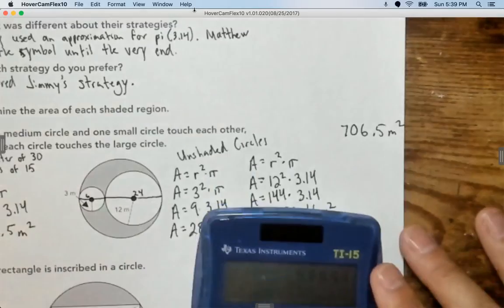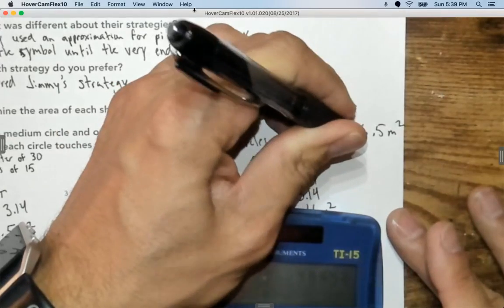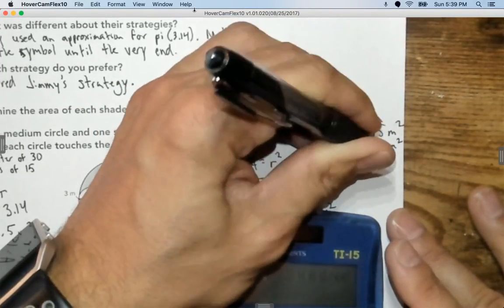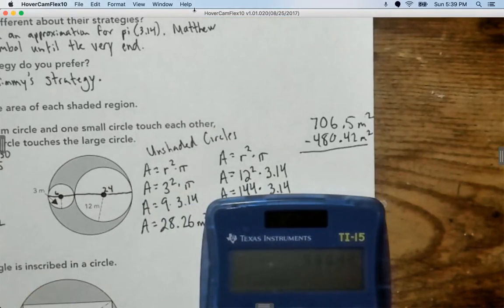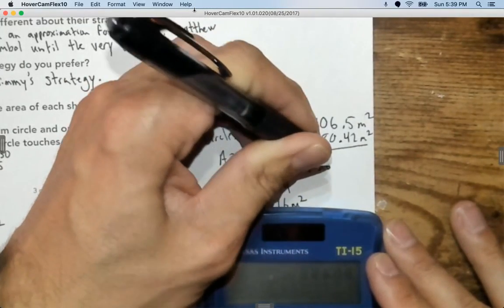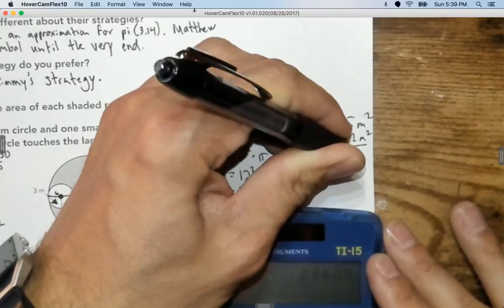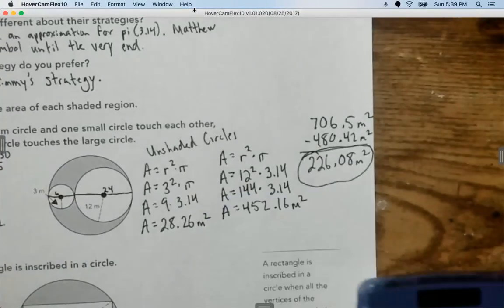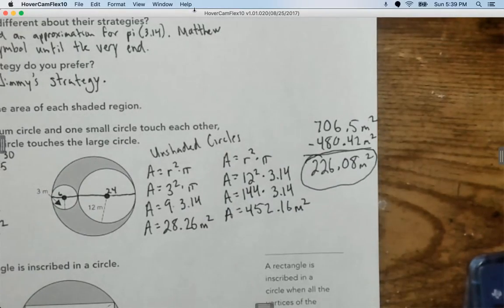And so I'm going to subtract the 480.42 from my largest one. And that gives me a total shaded region of 226.08 meters squared. Okay.